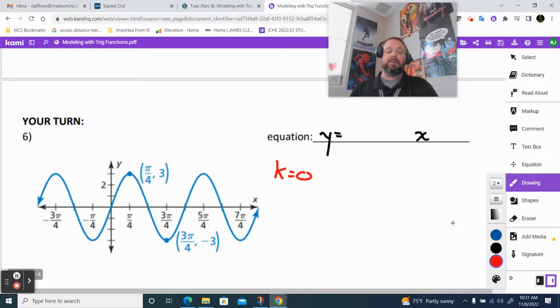How far is it from here to here? From here to here? Yeah, 3. So that's our A. Okay. Now, we're going to look. All right, X is 0. Is that at the maximum? No. Okay, so that means it follows this path, which is what?